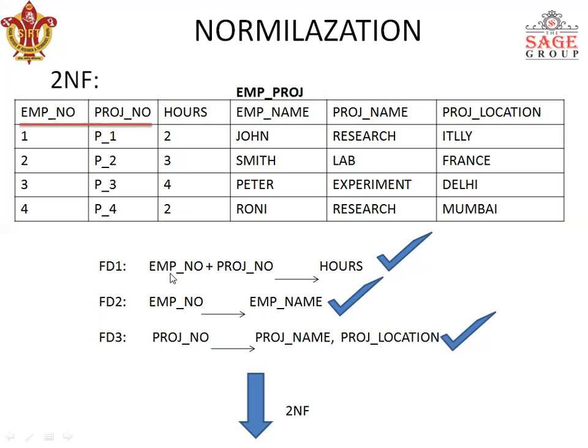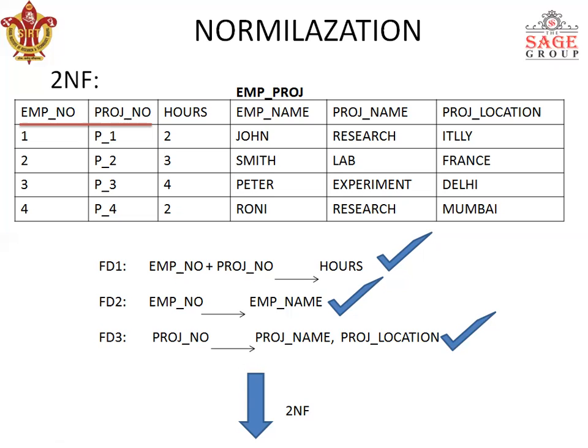This is our primary key, employee number and project number. With the help of employee number and project number, we can easily identify hours. So this is the first functional dependency.